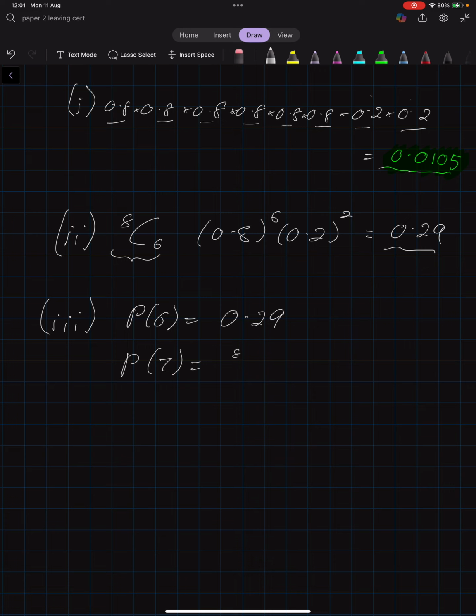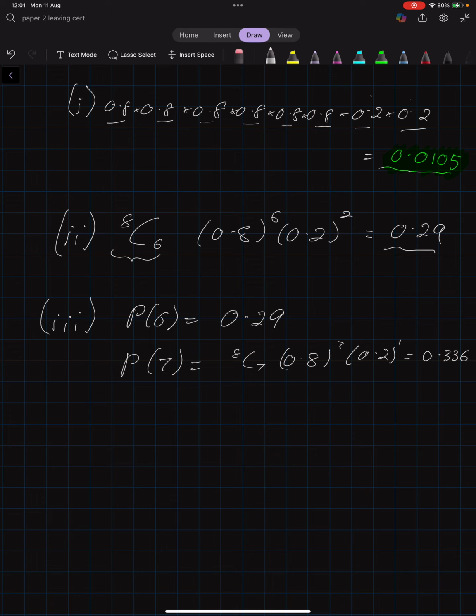So it's 8C7 times 0.8 to the power of 7 times 0.2 to the power of 1. Why? Because it only happens once. So just be careful with that. So 8C7 is just 8, times 0.8 to the power of 7 times 0.2.